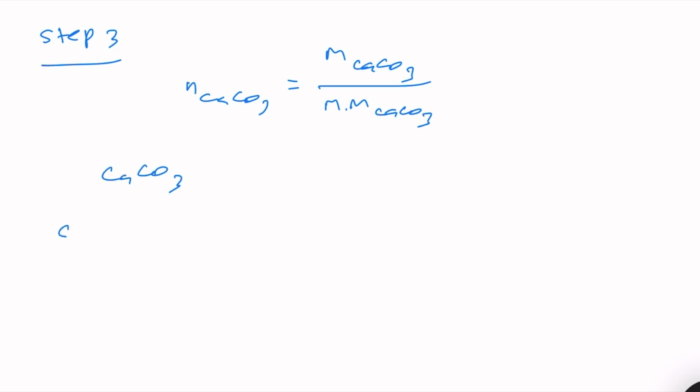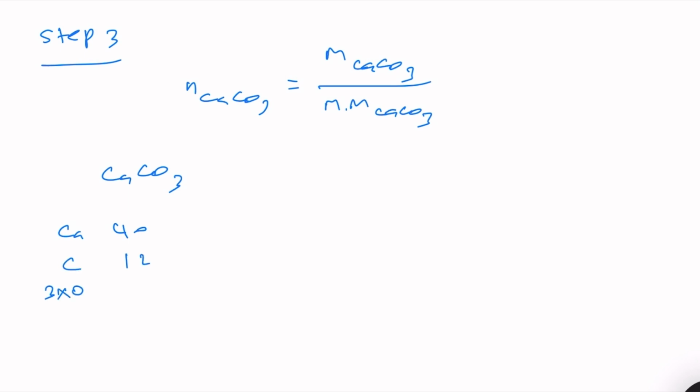From the answer that we get in step 2, we can find the mass, that is weight, because number of moles of CaCO3 is equal to mass of CaCO3 divided by molar mass of CaCO3. What is the molar mass of CaCO3? For calcium 40, for carbon 12, and then we have 3 oxygen atoms.